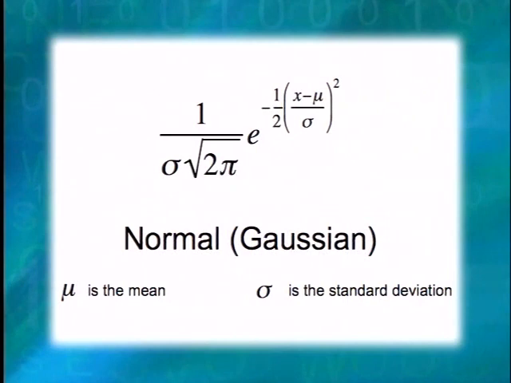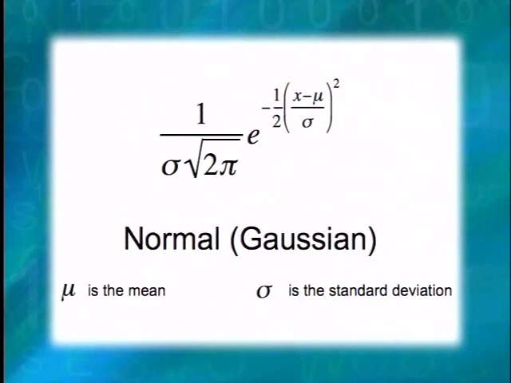One interesting feature is that it has two constants in it, namely e and pi, the famous ratio between the diameter and the circumference of the circle. And e and pi are the two most famous constants in mathematics. So it's interesting that the normal curve contains both of these very famous constants.